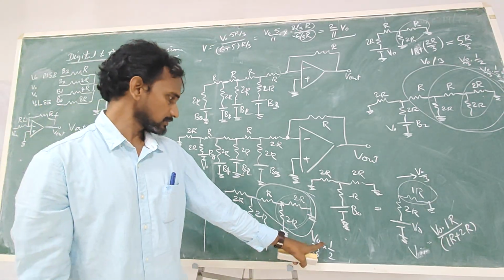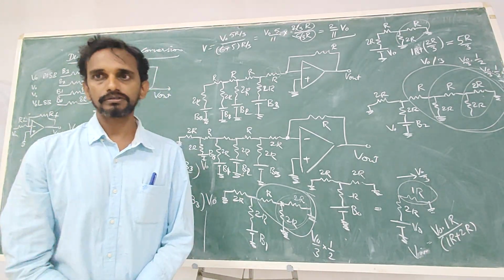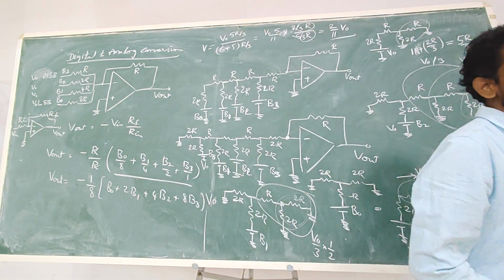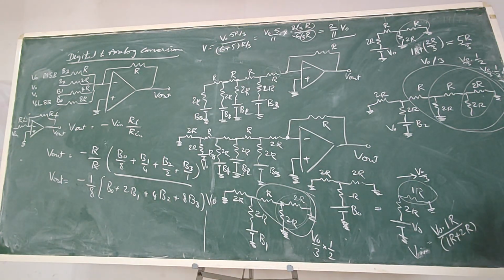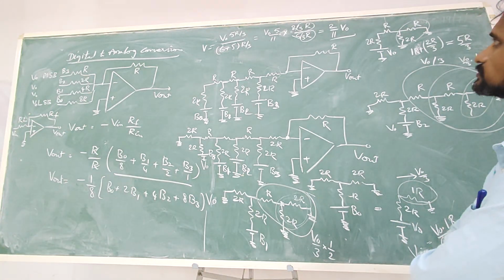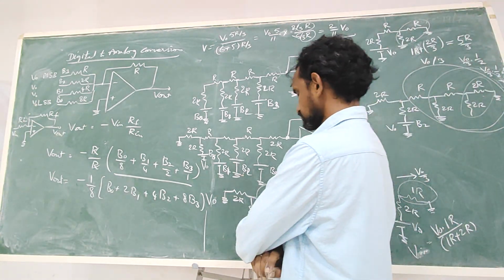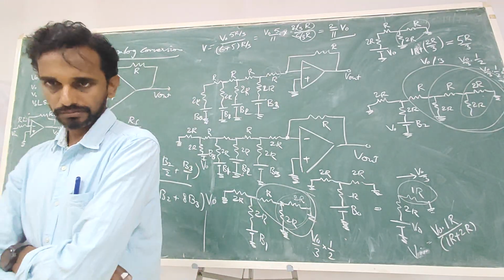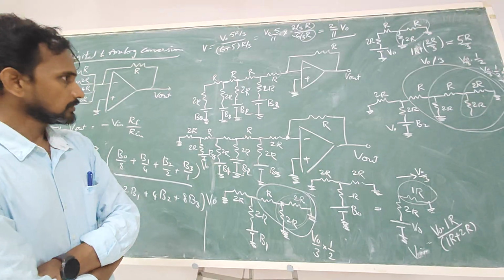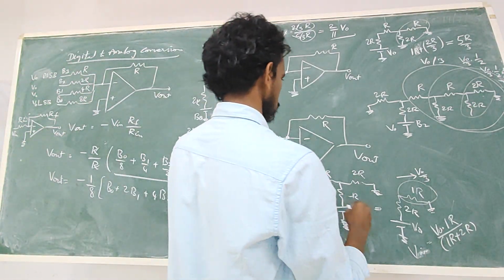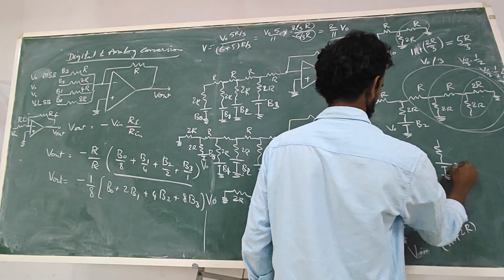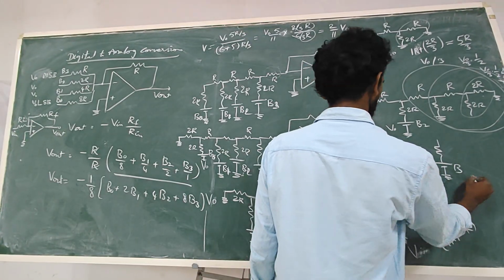The expected is V naught by 6. So instead of 1 by 6 you got 2 by 11. That's an approximation. Can even continue for the next level also, maybe for V1.